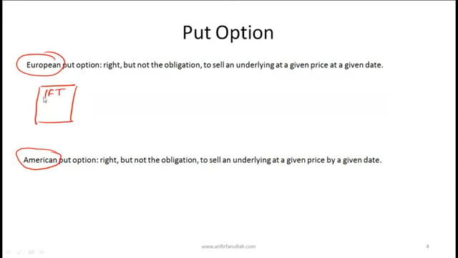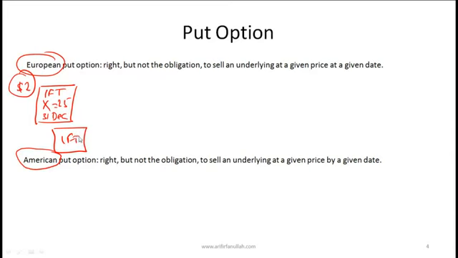So let's say the underlying is 1 share of IFT, and again there needs to be a strike price, which let's say again is 25, and there needs to be a maturity which is 31st December. So if we purchase this option, we let's say pay $2, which is the option premium, and this now gives us the right but not the obligation to sell one share of the underlying.